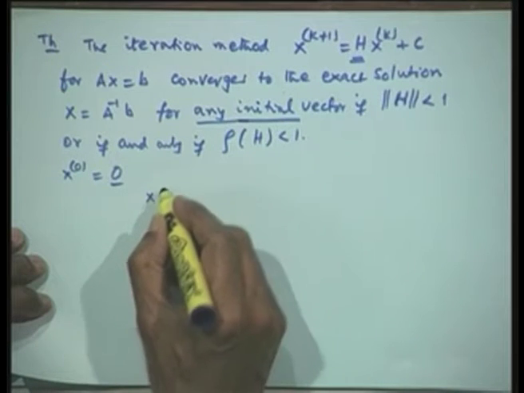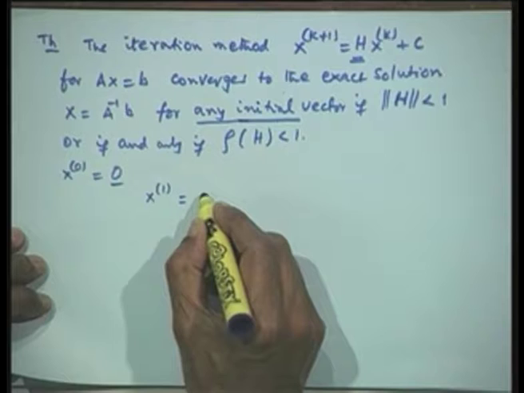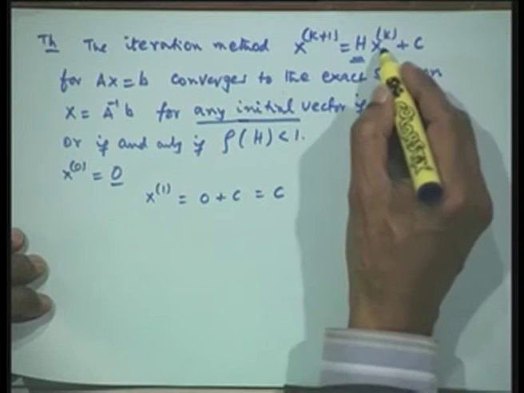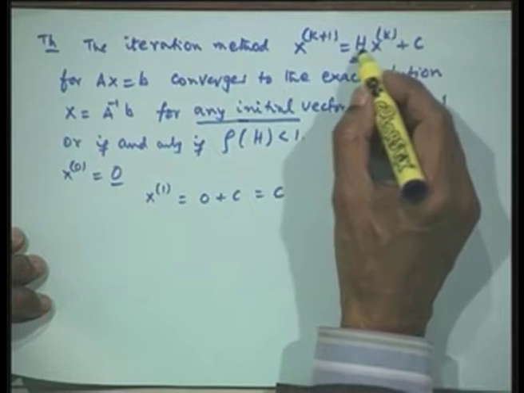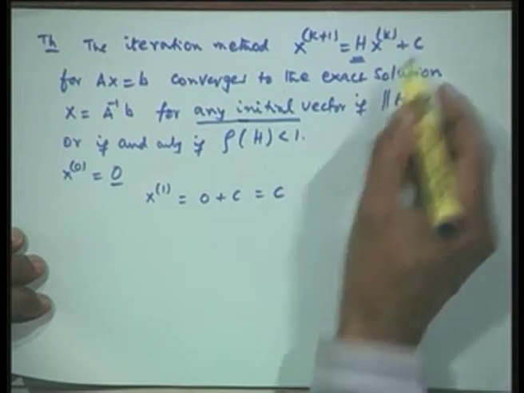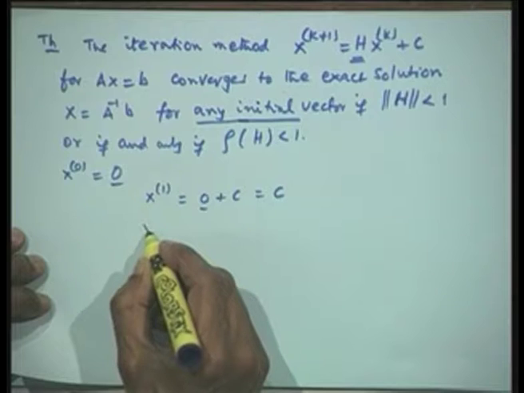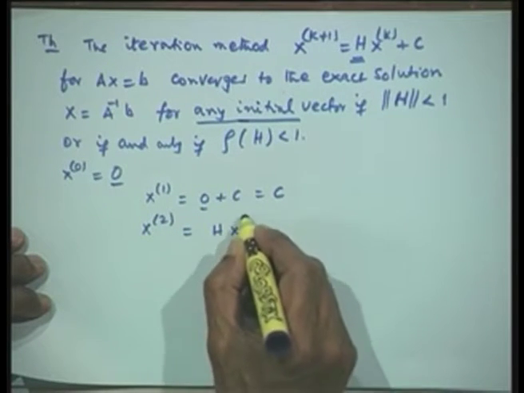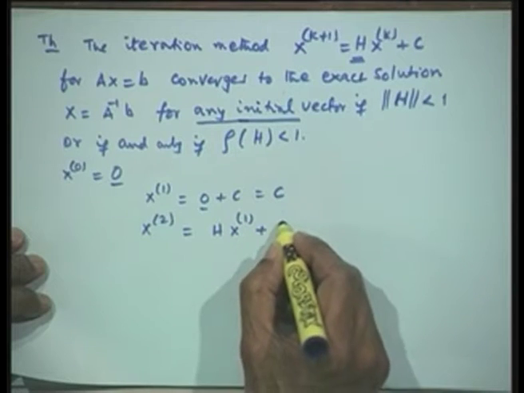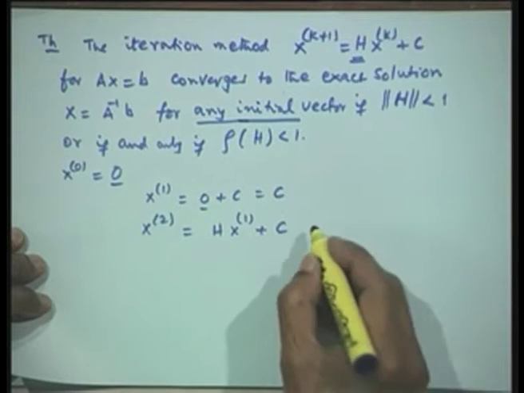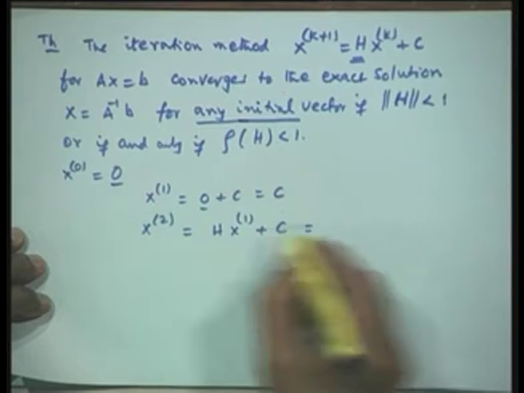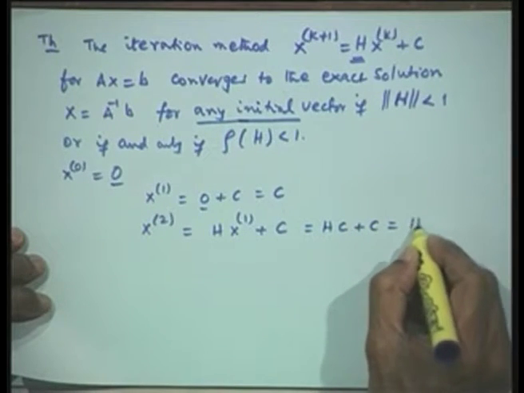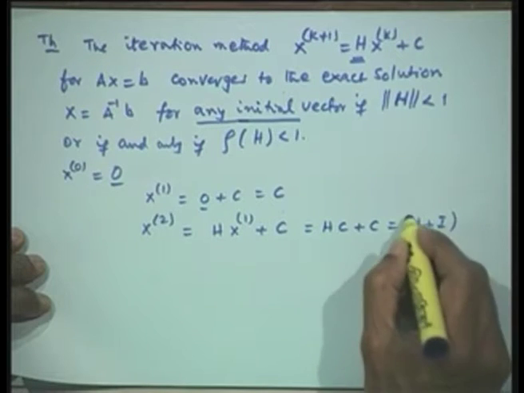Then x 1 will be equal to 0 plus c, that is equal to c. I am substituting x 0 is equal to 0. So, I will get here c. Let us write down x 2. x 2 is equal to h x 1 plus c, but x 1 is equal to c, that is h c plus c, that is equal to h plus I into c.